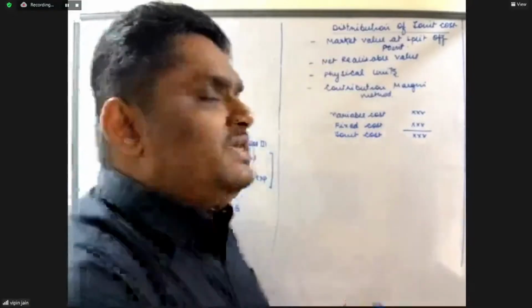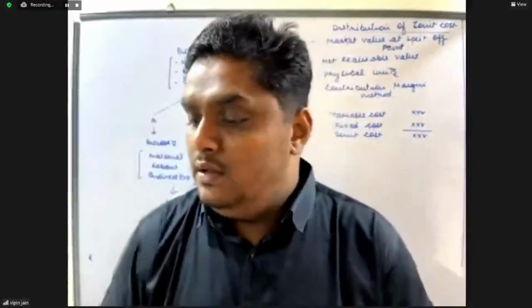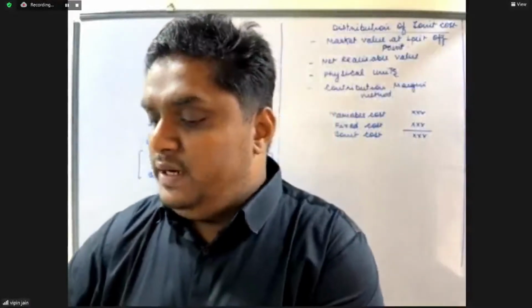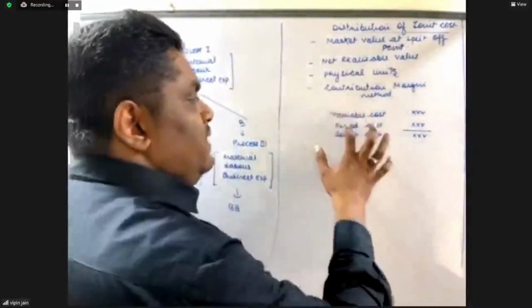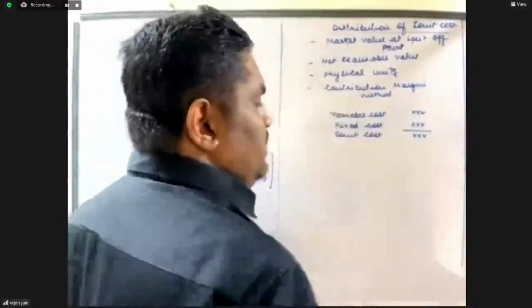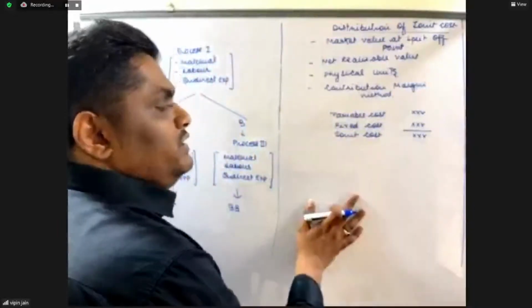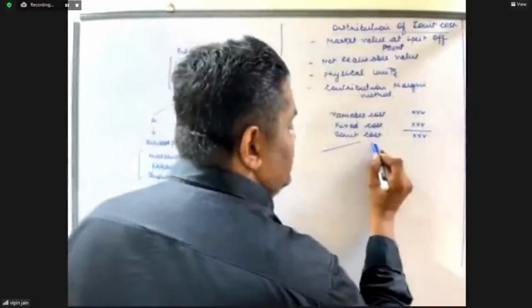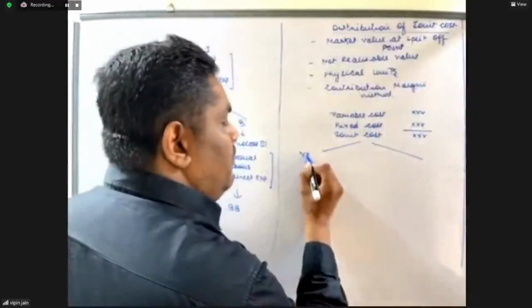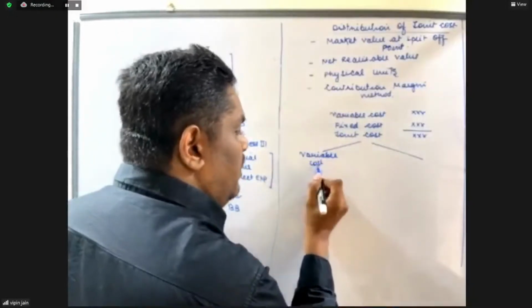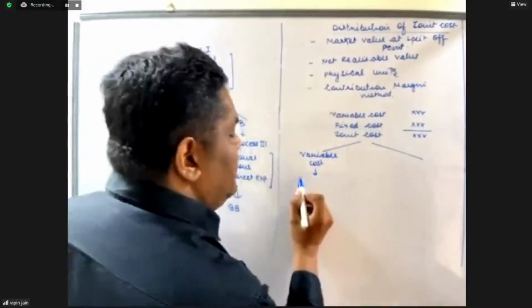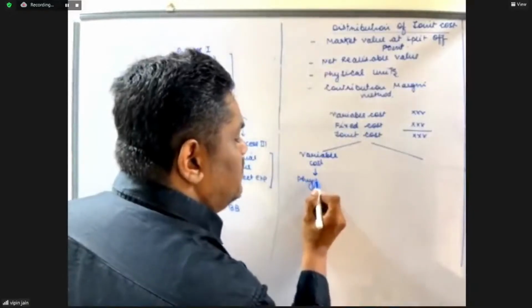If some information is given in the question as regards variable cost, fixed cost and total joint cost, then how to distribute the joint cost? We'll distribute the joint cost in two parts. When talking about variable cost, it is to be distributed in the ratio of physical units.